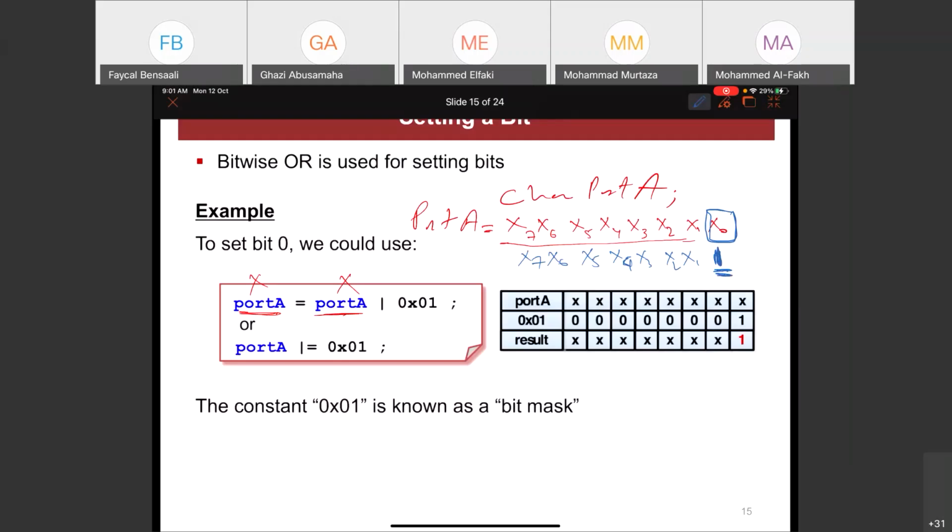How do I do it? By using the bitwise OR, and then I need to find what we call the bitmask. So I will do port A OR 1, 0, 0, 0, 0.